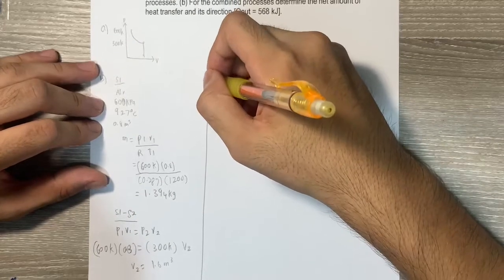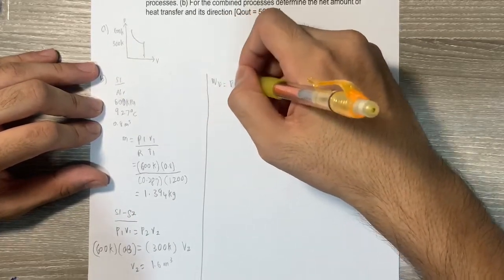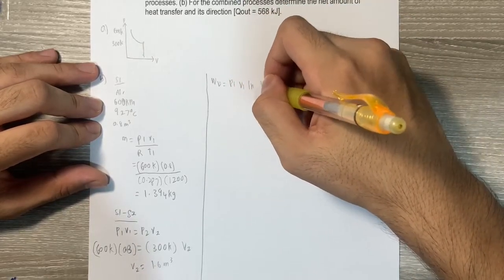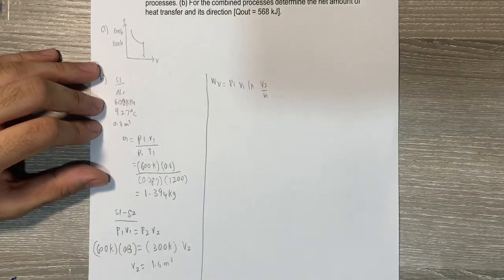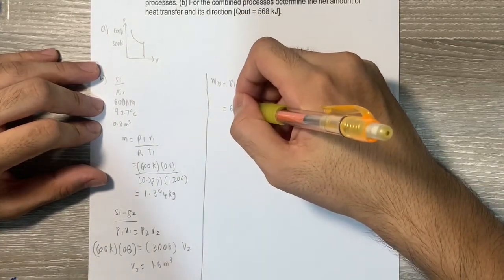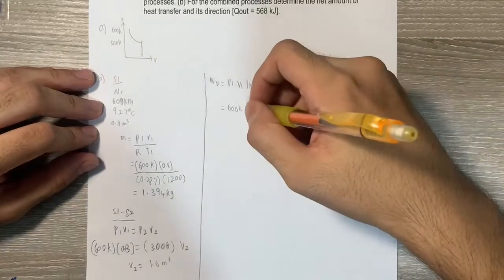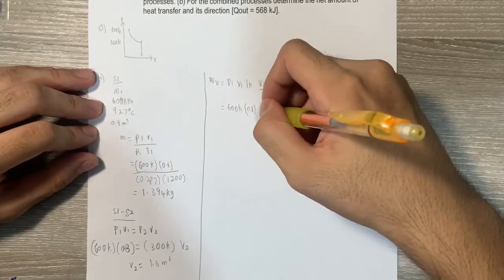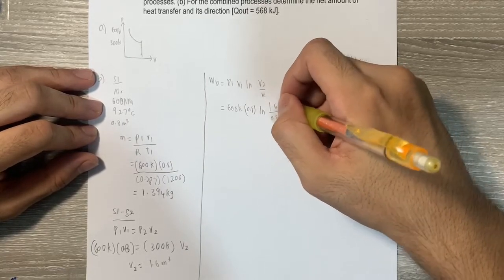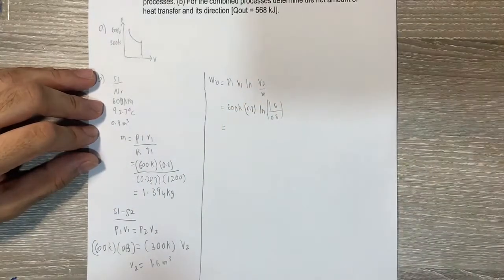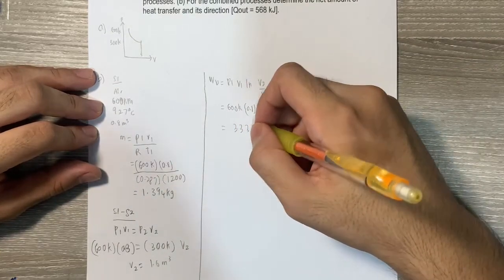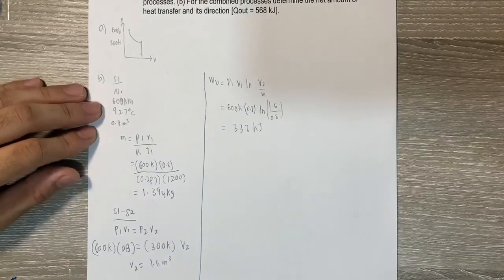So we can get 303 kilojoules for the isothermal process.